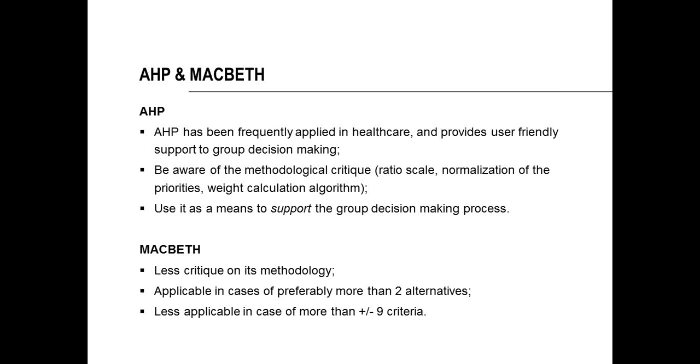And since all the different criteria are compared with each other, it's less applicable when you have, for instance, more than about 9 criteria that you want to consider in your decision, because then the number of pairwise comparisons will very fast increase. So I think for decisions that are not too complex and with less than 9 criteria, the Macbeth is really an interesting technique to use as well to support decision making.